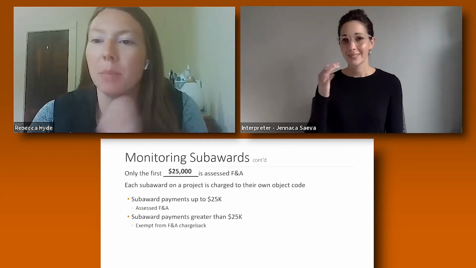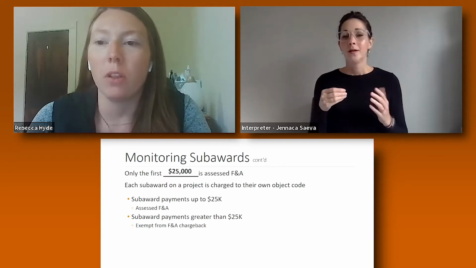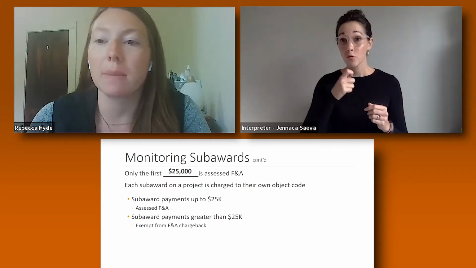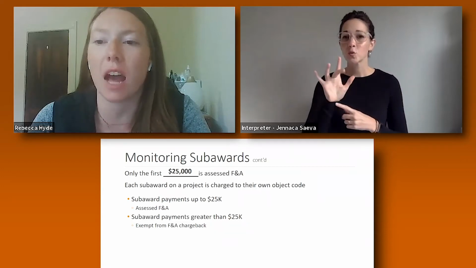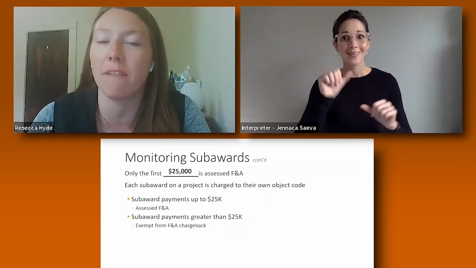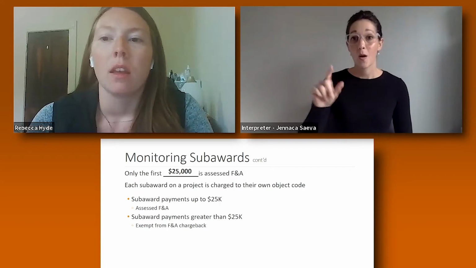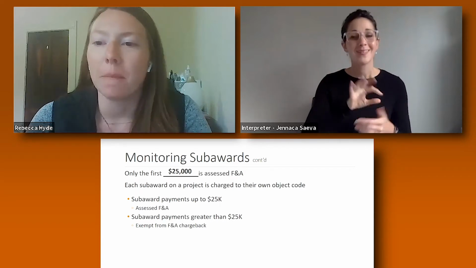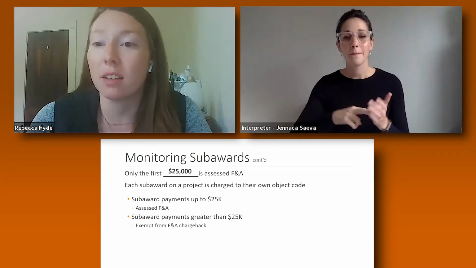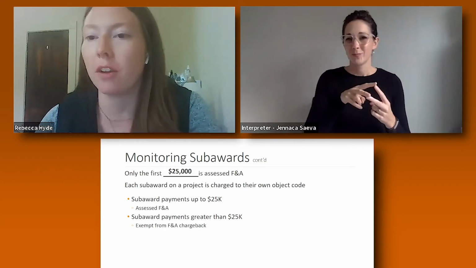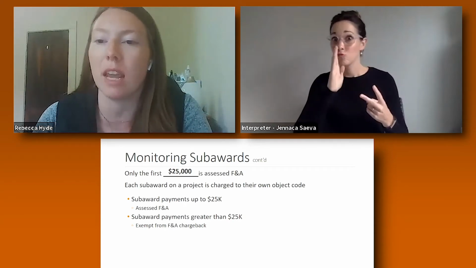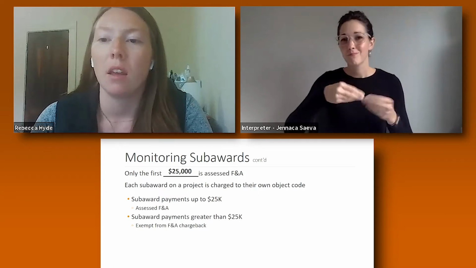And as David mentioned before, when we're looking at the grant's budget, only the first $25,000 is going to be assessed F&A. And when we say F&A, that means indirect costs. Those terms are interchangeable, so you'll hear them used in the same meaning.